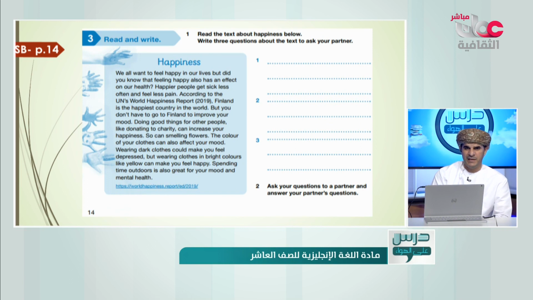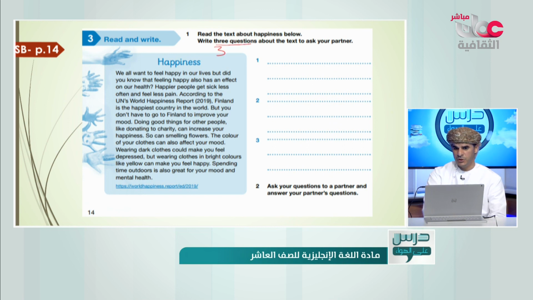Here, we have a short reading text. Skills book, still on page 14, activity number 3. Read, Salim, the instructions. Okay, teacher, read the text about happiness below. Write 3 questions about the text to ask your partner.